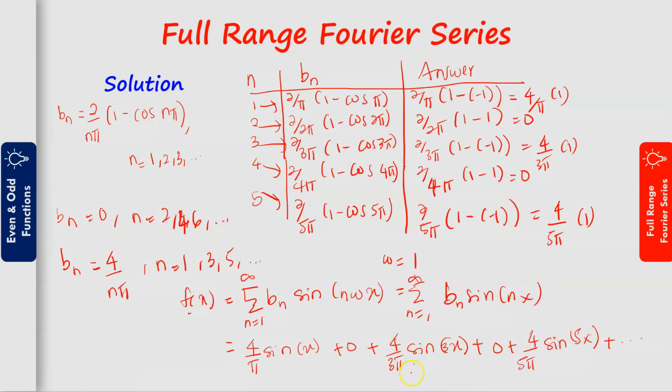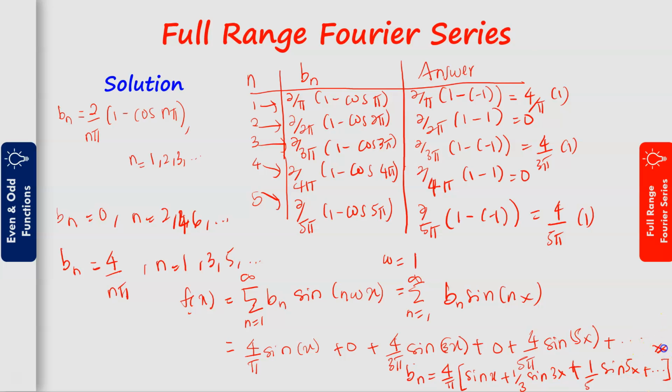When we simplify, we have 4 over pi times sine x plus 1 over 3 sine 3x plus 1 over 5 sine 5x plus so on.